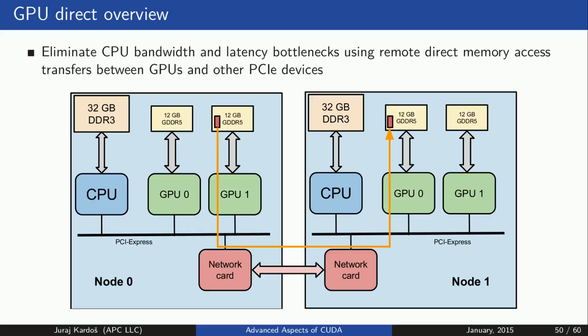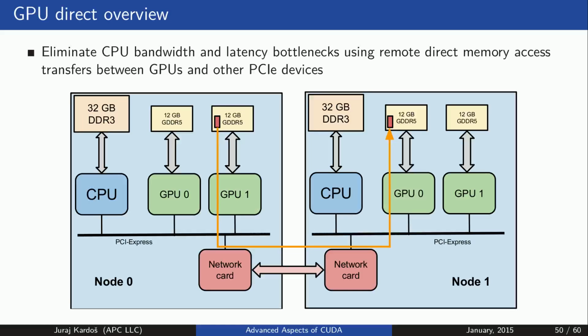Consider we want to transfer data from one GPU to target GPU located within a different network node. Without GPU Direct feature, data would be transferred first to CPU memory of current node, then to driver memory of network card. Data would be sent over interconnection network to network card controller of node 1, copied to memory of host in target node, and only from there transferred to memory of target GPU.